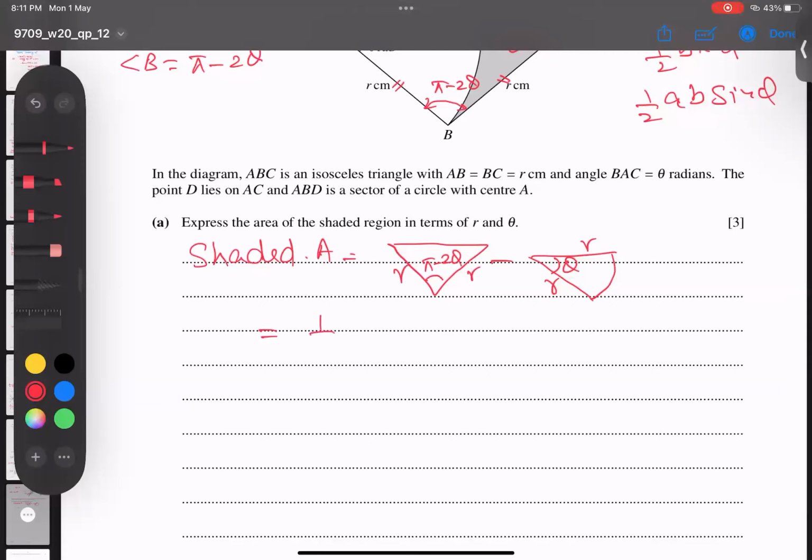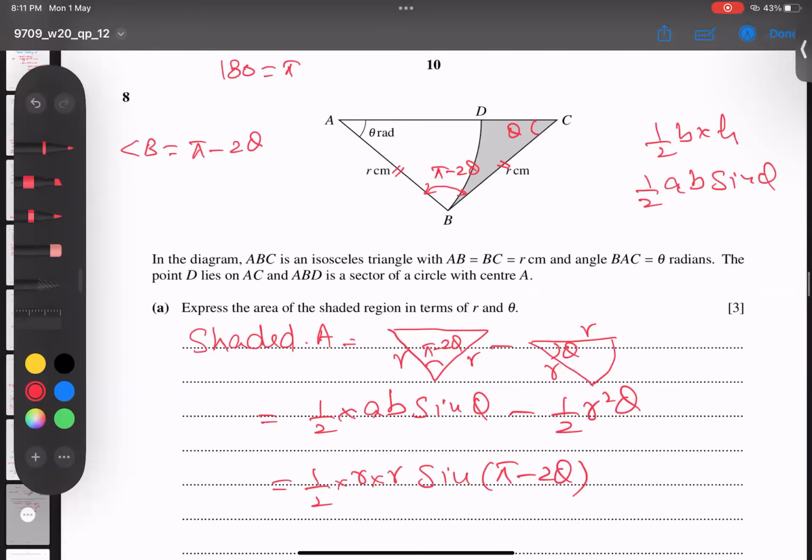So let's try. Half AB sine theta, the formula is very clear, and half r squared theta. So A is radius, B is radius, and sine of pi minus 2 theta comes. Wait a minute. Maybe it creates trouble for you. Let me think about it. There are two ways.